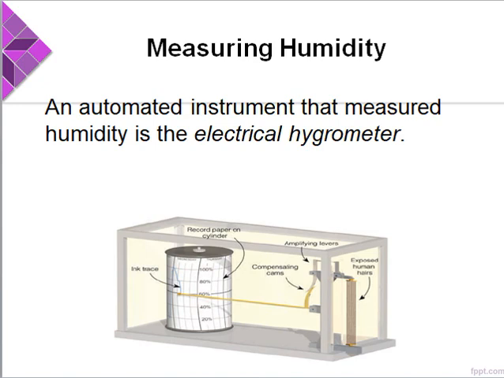Still another instrument is the infrared hygrometer, which measures atmospheric humidity by measuring the amount of infrared energy absorbed by water vapor in a sample of air. The dew cell determines the amount of water vapor in the air by measuring the air's actual water vapor pressure.